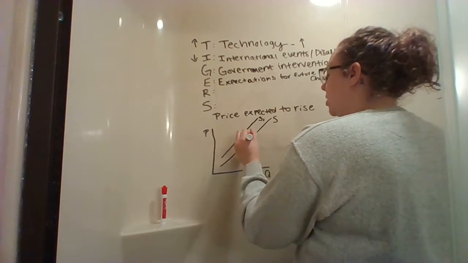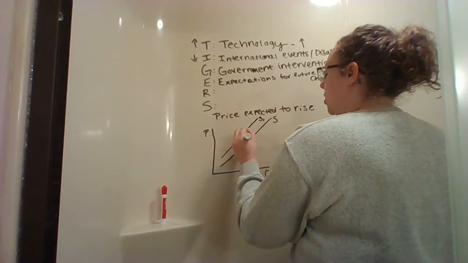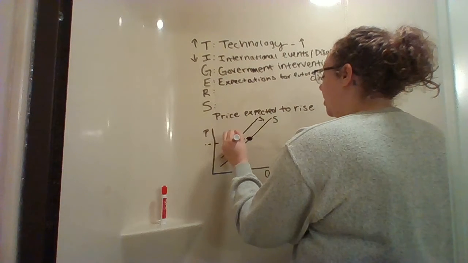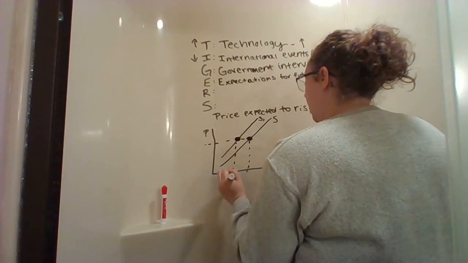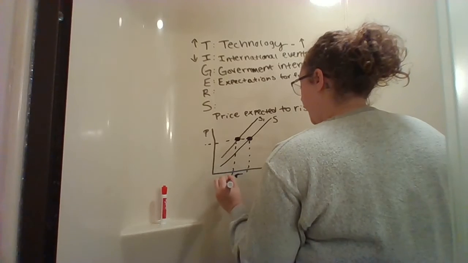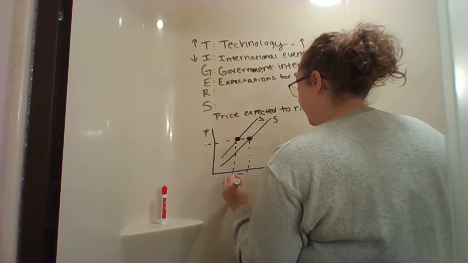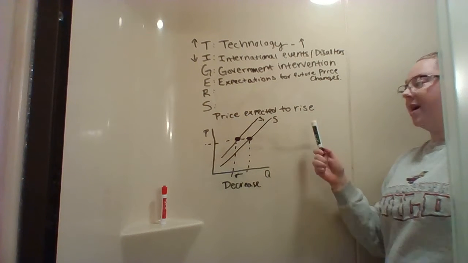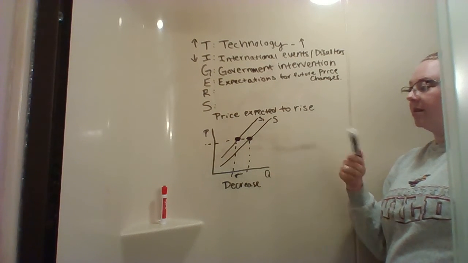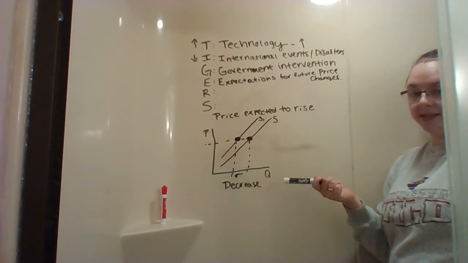We want to make as much money as humanly possible. So we are actually going to decrease our supply this week so that we can help make more money next week when the price is expected to rise. So if price is expected to rise, suppliers are going to supply less. It's going to decrease.